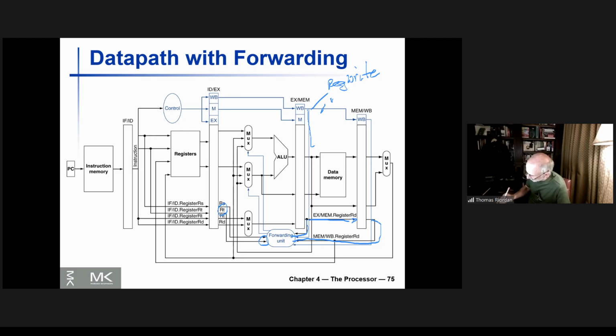So don't do the comparison, don't flip this mux, if this 5-bit value and this 5-bit value aren't actually destination values that are going to be used for a register write into the register file. So if the instruction sitting here is a store or a branch, those signals will be low, they'll be deasserted, and therefore they'll prevent the forwarding unit from doing anything.